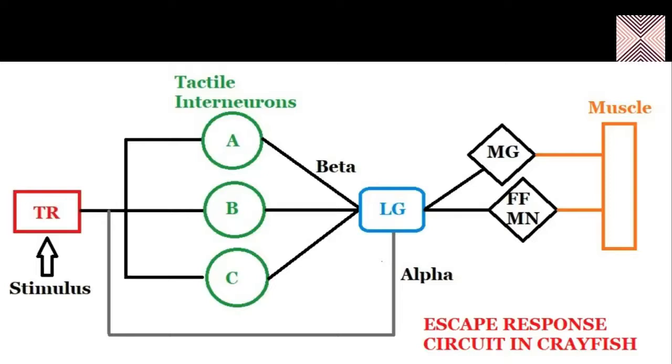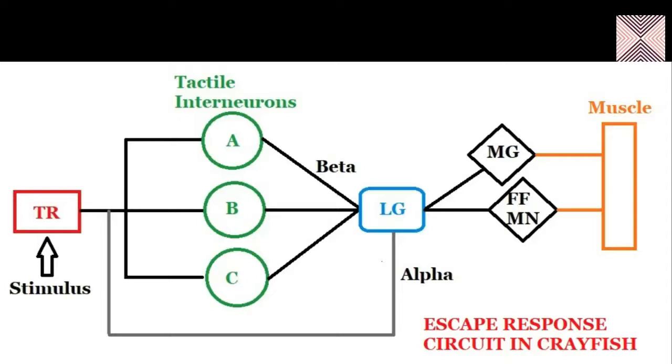Otherwise, the LG can also stimulate the FFMN section of the motor neurons. So what is FFMN? It is the fast flexor motor neuron system. So this is the second part, which is in parallel to the giant motor neurons, and this fast flexor motor neuron can activate the muscle itself for the flee action.